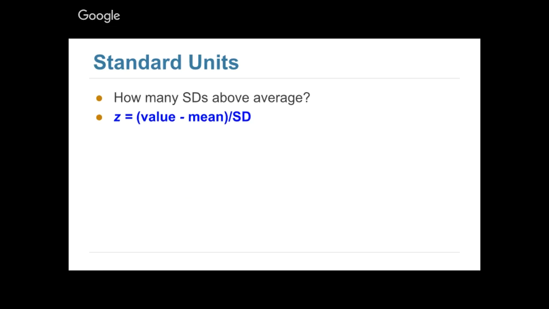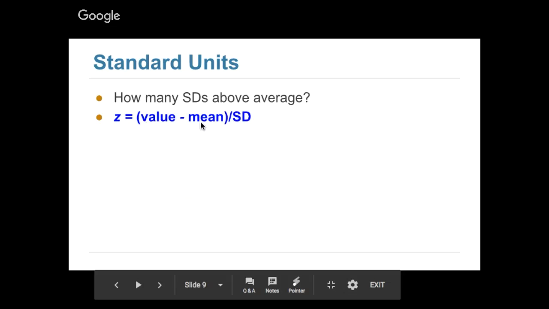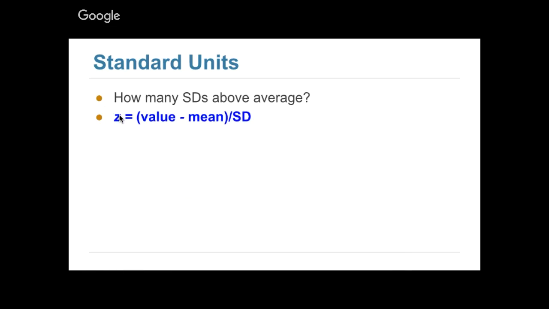Okay. What we do is we convert our values into this unit called z. The way we do it is for every value in my data, I take that value, subtract away the mean, and divide by the standard deviation. What I'm doing here is converting all my values to how many standard deviations away from the average they are.